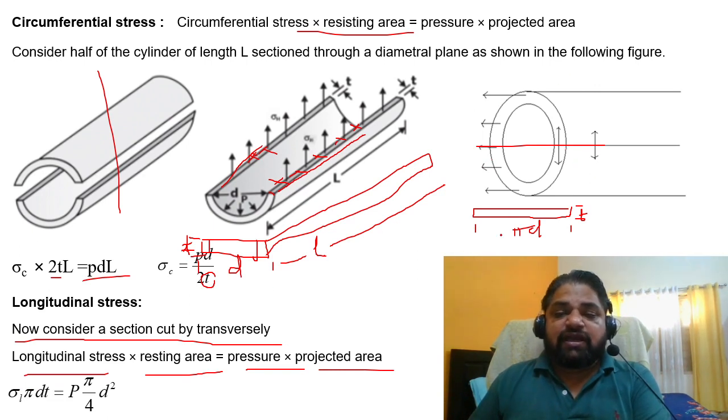The projected area is the circular area where the pressure is applied, so P into pi by 4 D square.